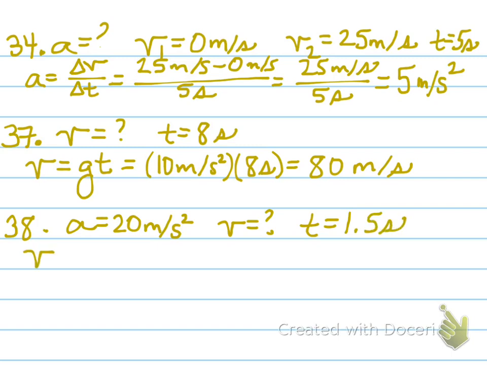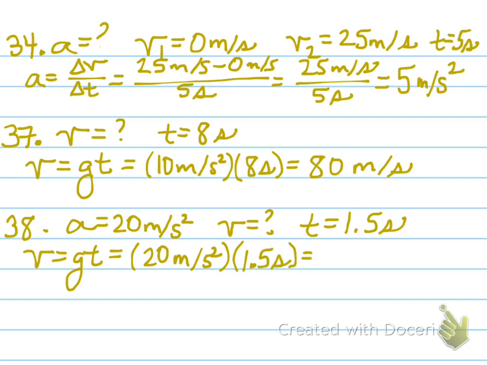So again, our velocity is our acceleration due to gravity times our time. Now, this time we're on a different planet, so our acceleration is actually 20 meters per second squared. They told us that in the problem. Our time is 1.5 seconds. So 20 times 1.5 gives us 30 meters per second for number 38.